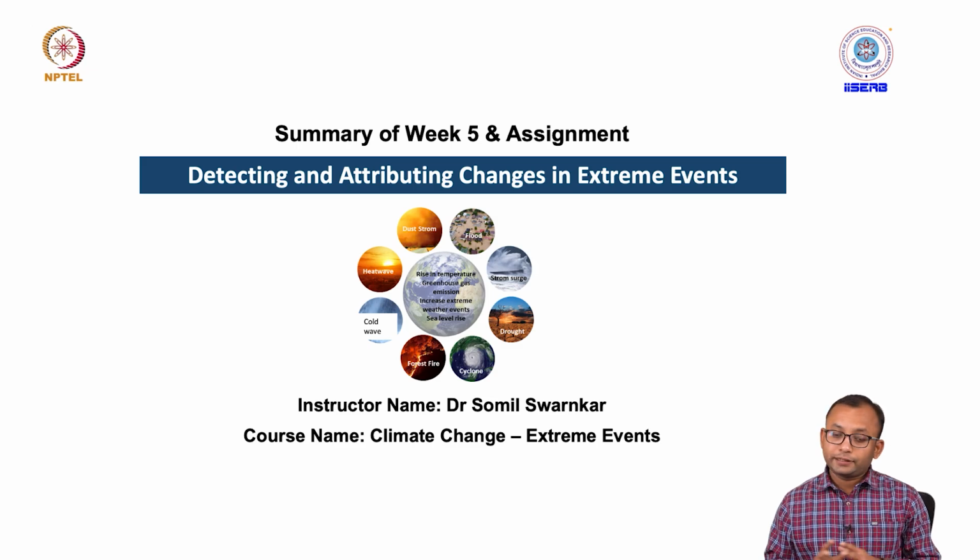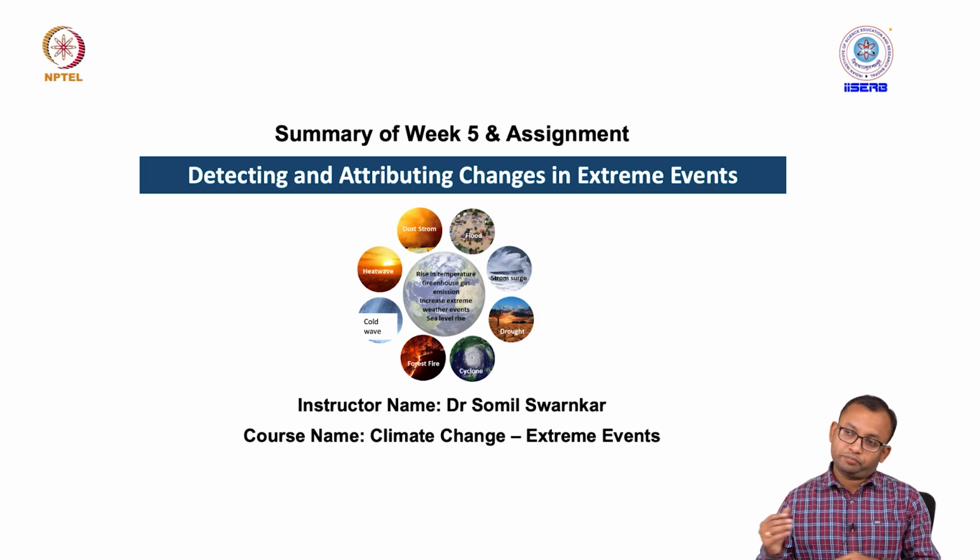In the detection we have primarily talked about many different types of statistical tests. Then in the later part of this week we also talked about attributional changes. Suppose now we have detected a statistical change in the properties of a time series, let us say there is a jump.